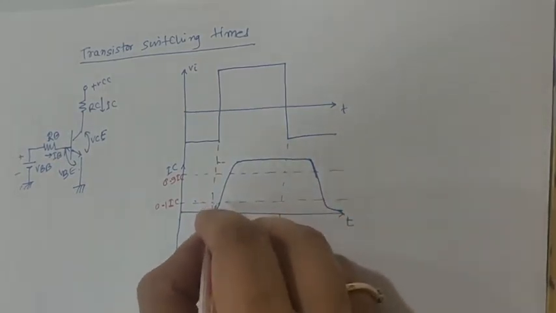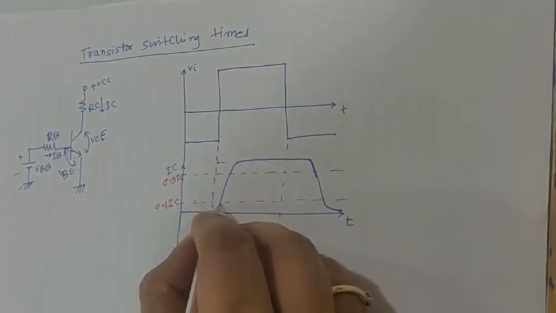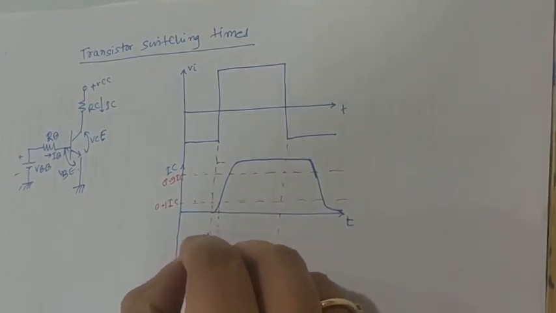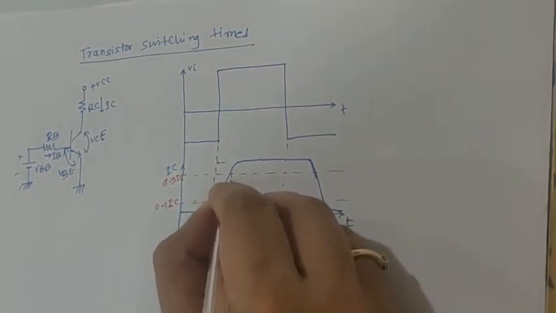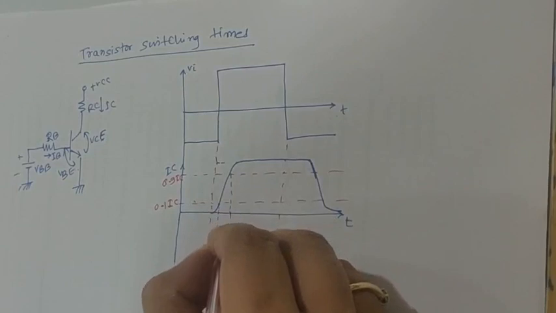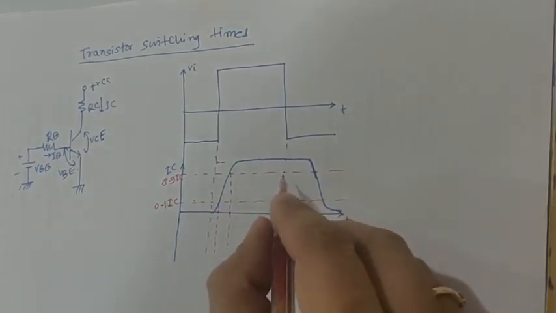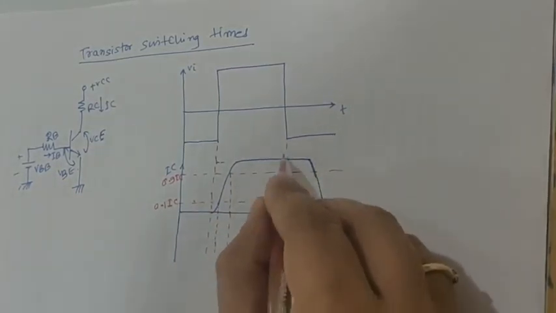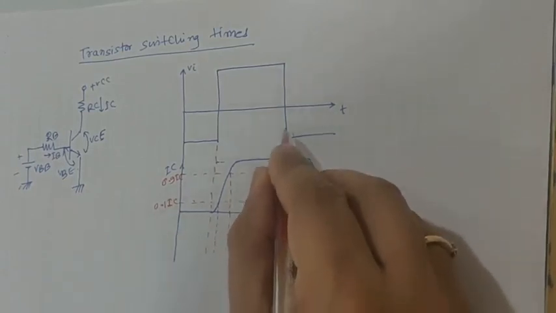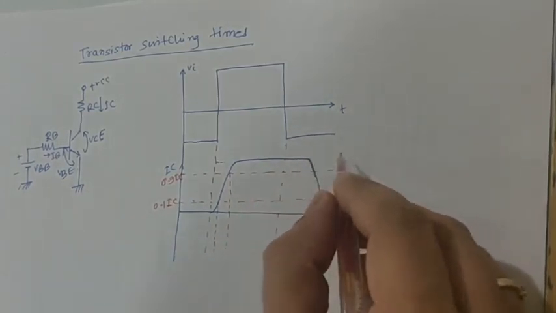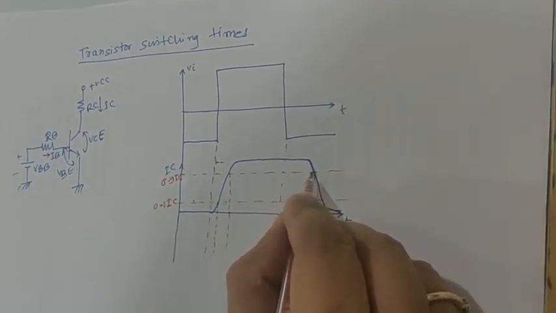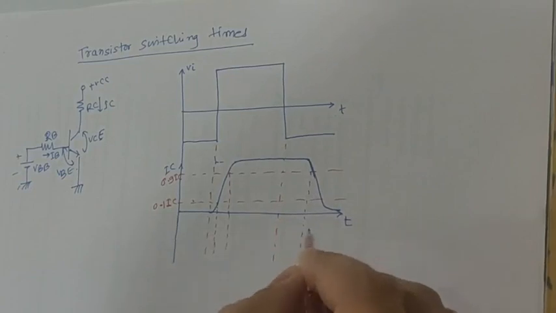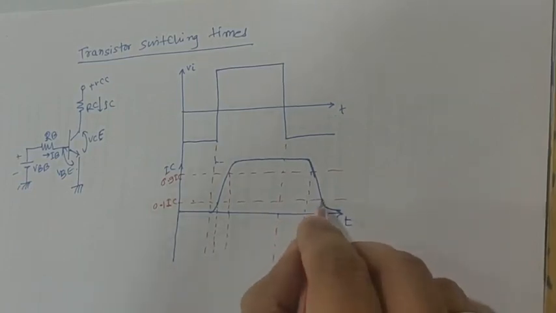Okay, now there are certain times that you need to understand. The first time is this. The second time is from this point to this point. Then the third is from the point where your input ends but the output is extended, to the 90% of IC, and another is this point.